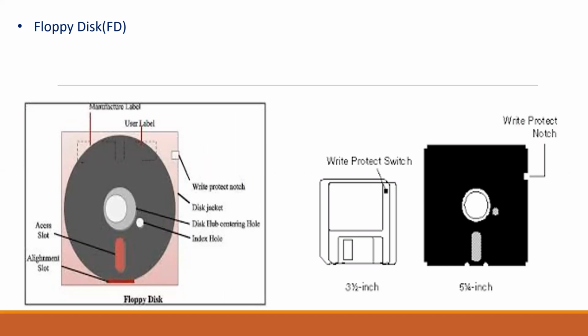Generally nowadays it is not used, but it is included in your syllabus. In old days, this was the way to store data, and whatever data was stored, we could carry easily with this floppy disk.